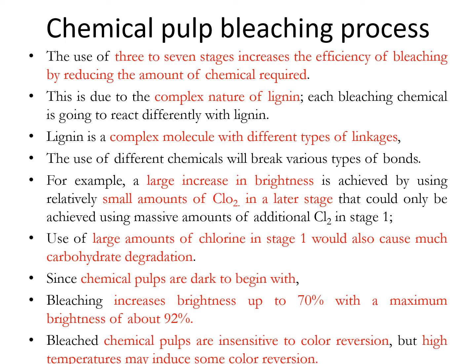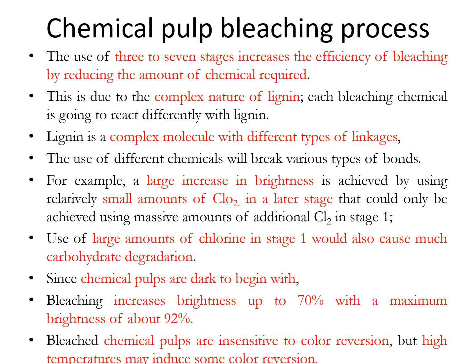Okay, for example, say why up to 7 stages may be necessary. Say a large amount of brightness is required, so a small amount of ClO2 can be used at the latter stage, but that brightness you can achieve by a massive amount of Cl2, that is chlorine, in stage 1.